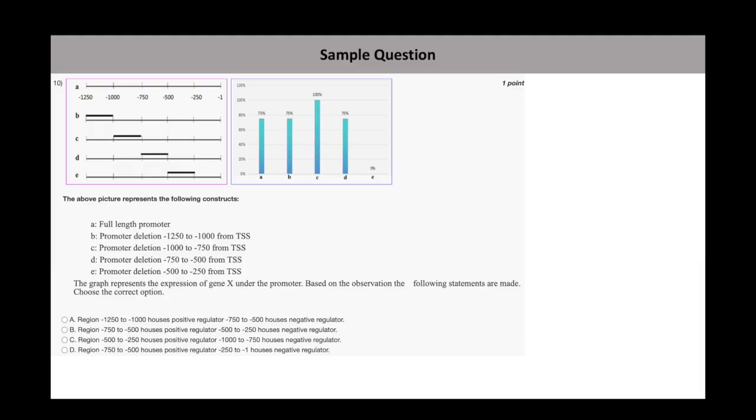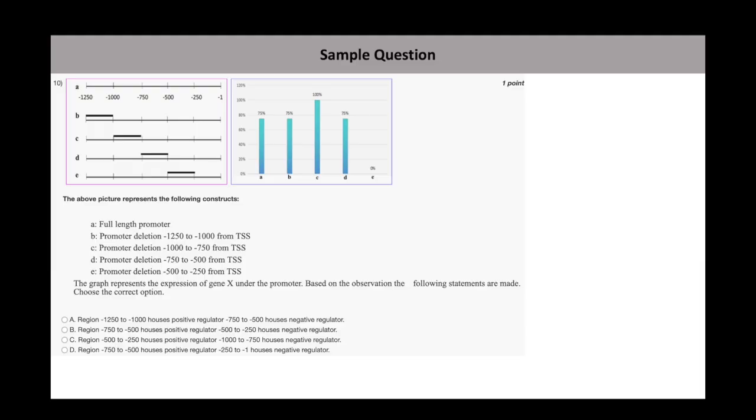Now C fragment. C fragment is where from 1000 to 750 base pair, 250 base pair has been removed. If you look at C fragment expression, the expression is 100%. That means the expression from the full promoter to that 250 base pair being removed has increased. So fragment C is acting as a repressor.